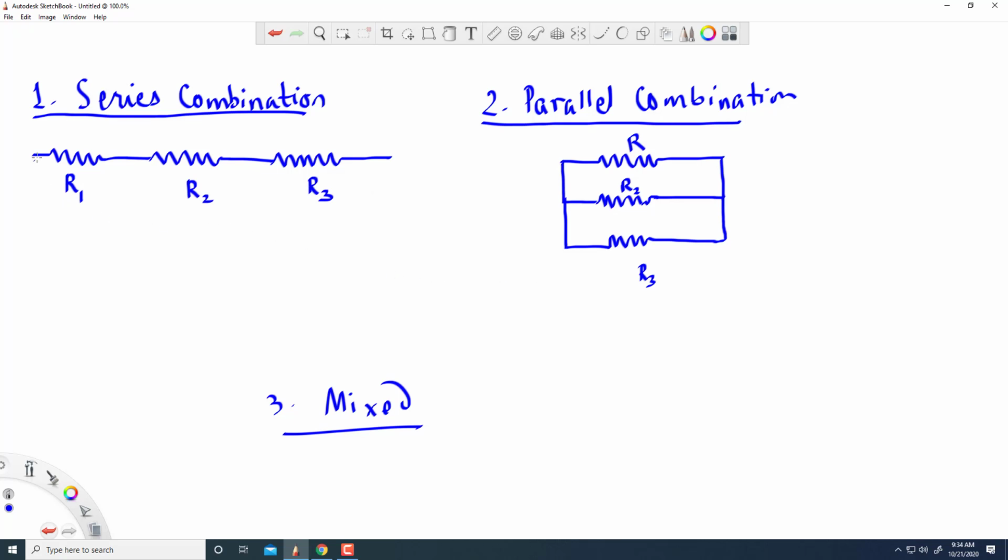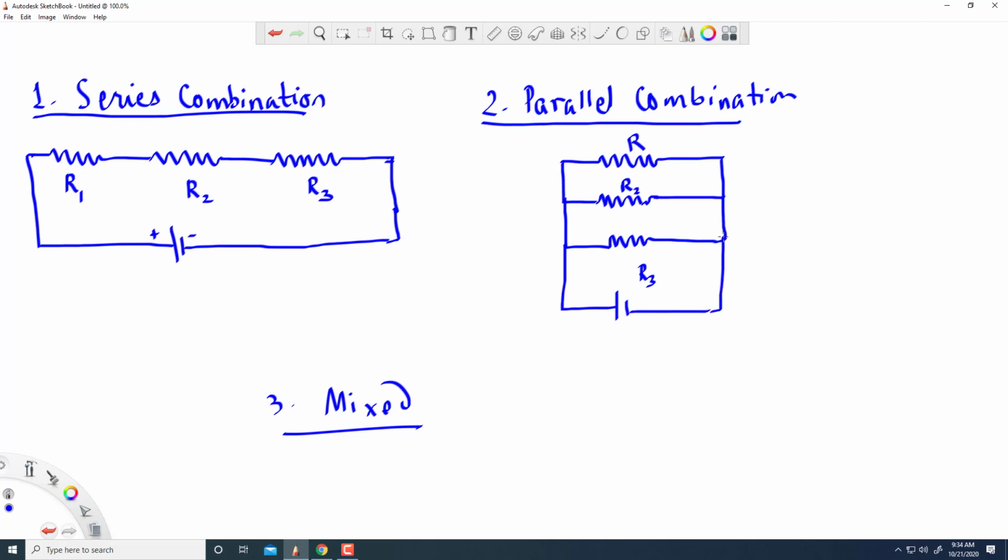And then you can connect this, because you want to pass current through this resistor, and we know that to have a current in the resistors you need a battery. So, you can connect this to a battery. The battery pumps the charge in the circuit. That is the positive side of the battery, that is the negative side of the battery.